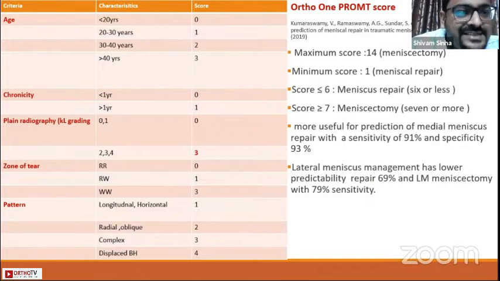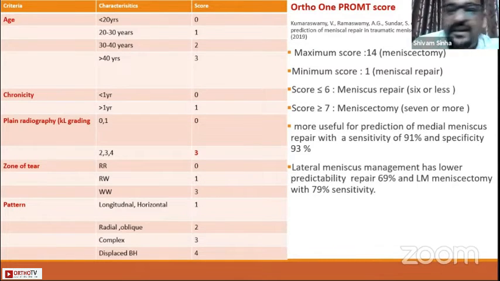They are taking criteria like age, chronicity, and X-ray features of osteoarthritis, along with the zone of tear and pattern, and they are assigning scores. As the score rises, chances of meniscectomy increase, and if the score is less than 6, meniscal repair is contemplated and predicted.